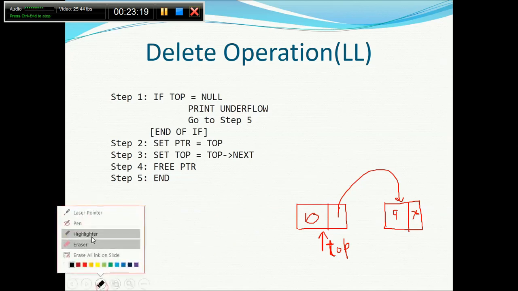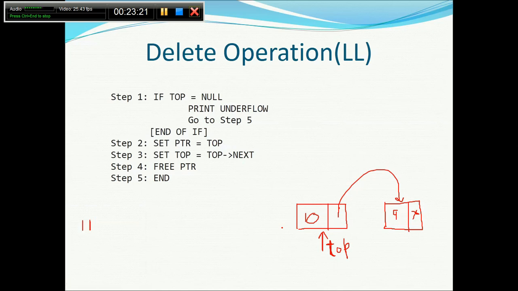Now let me try to execute this algorithm one more time. If top is equal to null, top is not null, so underflow condition will not execute. It will go to step number 2. It says whatever the top has, the address of this node, copy it to the PTR. Okay, PTR copy. Now top is equal to top next.